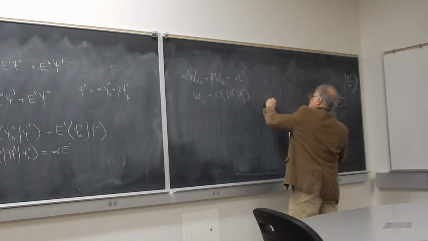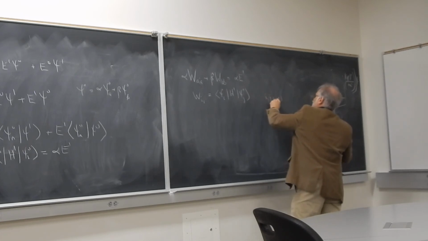And of course, in our case, i and j are just going to represent A and B.